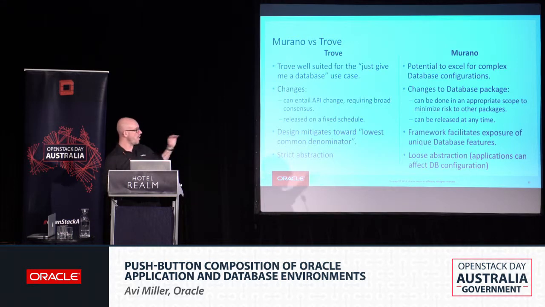So we wanted a solution that would facilitate, once we started automating the deployment of Oracle applications, the actual useful bits, to be able to drive a database deployment that fitted with the application being deployed. We also needed something that meant that we could be out of step with OpenStack's release cycle because database and OpenStack don't merge.